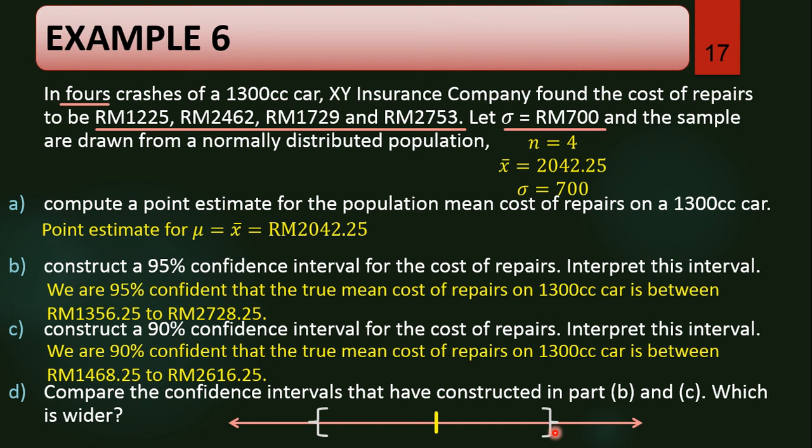But if we change to 90%, our new interval is from this value to this value. Which one is wider? B is wider. Meaning the 95% confidence level is wider when we compare it to the 90% confidence level.